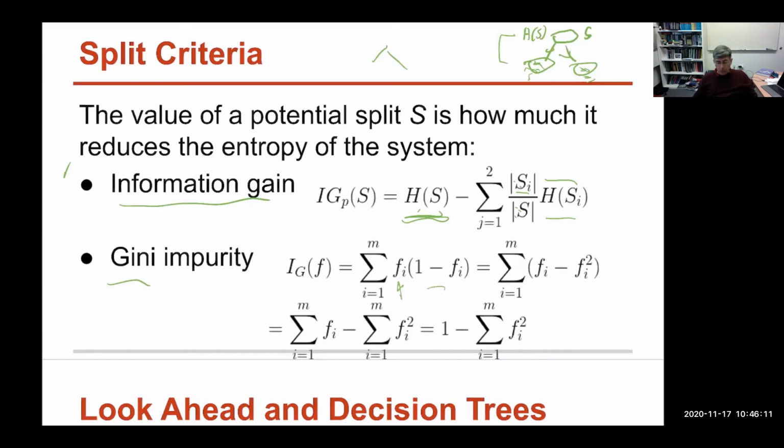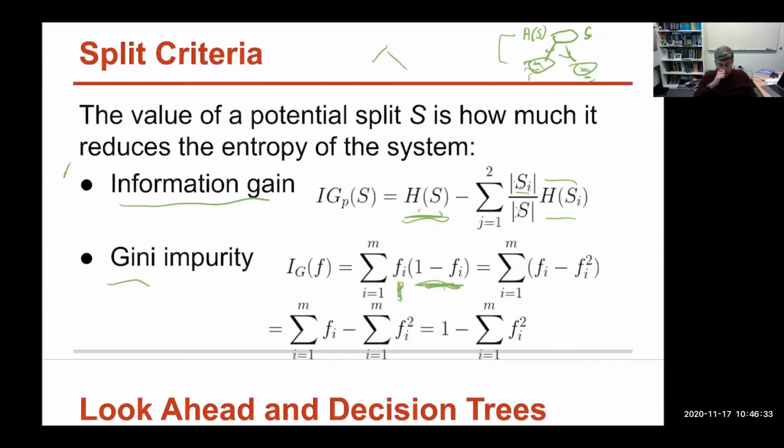Ideally, you get into a world where either one class is extremely large, so 1 minus Fi is small, or the other classes are very, very small, so Fi is small. Any questions about that?